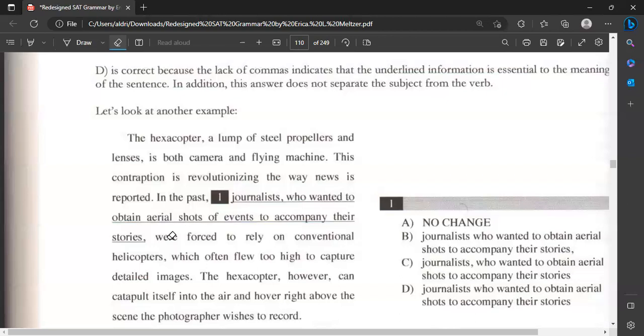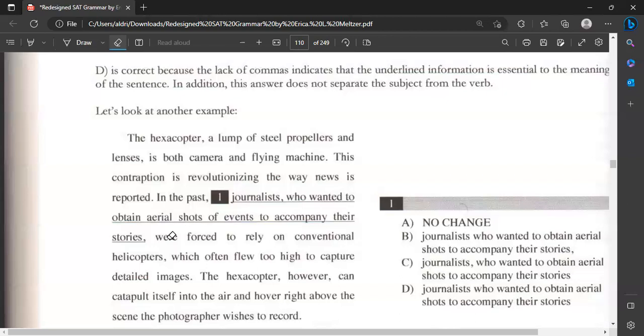Yep, so I'd say C is wrong because if the comma is not at stories, it said who wanted to obtain aerial shots of events to accompany their stories who were forced to rely on conventional helicopters. If we take out all of that, it says that in the past, journalists which often flew too high, that doesn't make any sense.